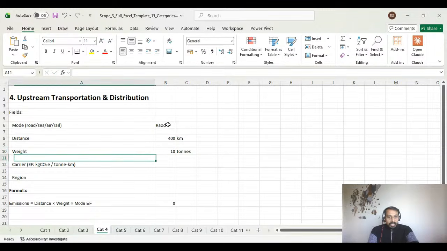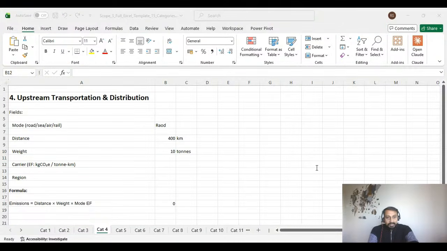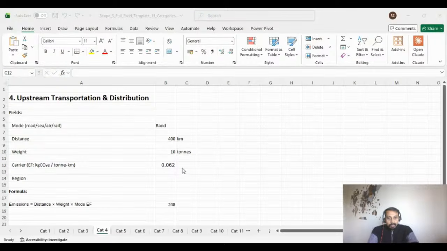and for the carrier emissions factor, we are utilizing the truck because we are shipping the logistics through road. So we are utilizing the truck emissions factor. So that is the truck emission factor, and you can see kilogram CO2 equivalent per ton-kilometer in the UK as well.